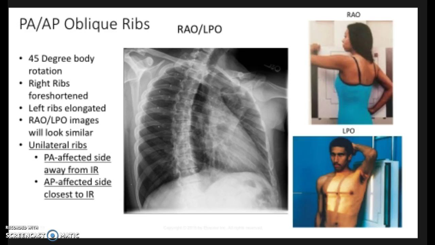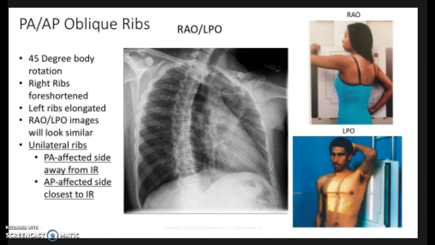The image is going to look almost exactly the same. So telling whether it's anterior or posterior, you have to evaluate for magnification and things like that. But most of the time with RAO and LPO, the right ribs are foreshortened and the left ribs are elongated.